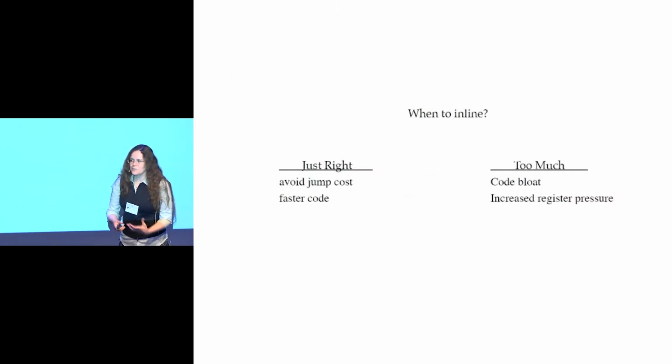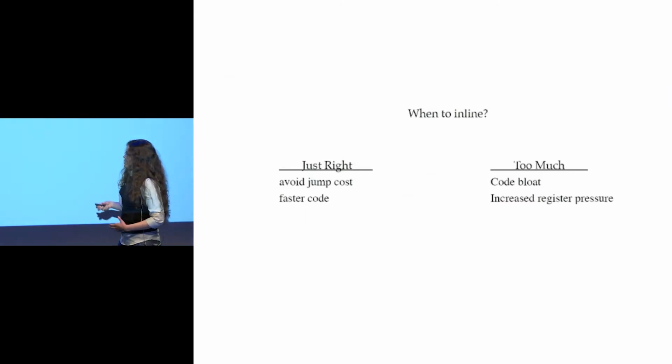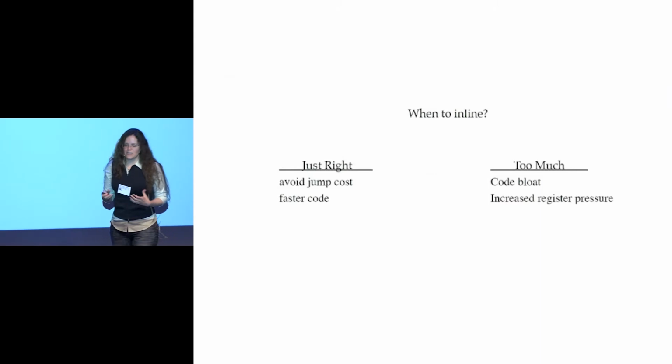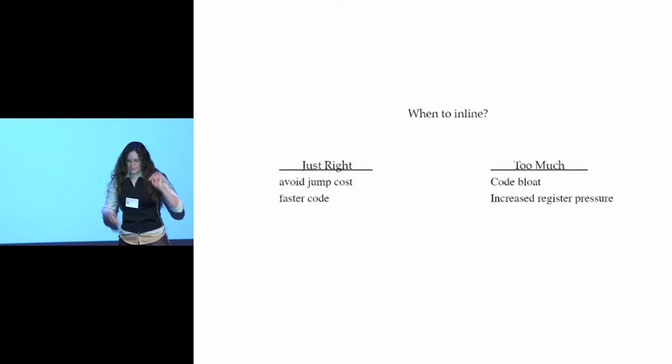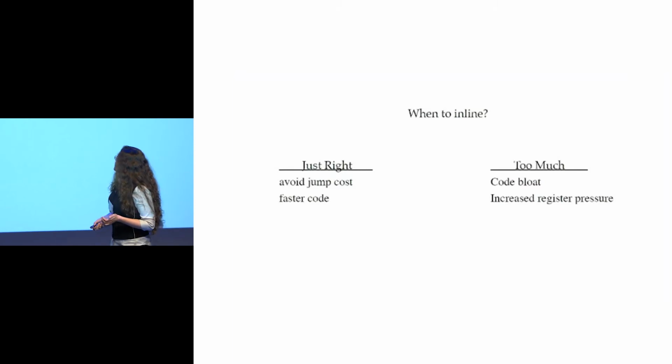But in practice, when we want to know when to apply it, that gets much more difficult. If we do it just right, then we avoid that additional jump to the function, and we also get faster code. Part of that is because when we write the function body directly inside the code, we expose further opportunities for optimization.